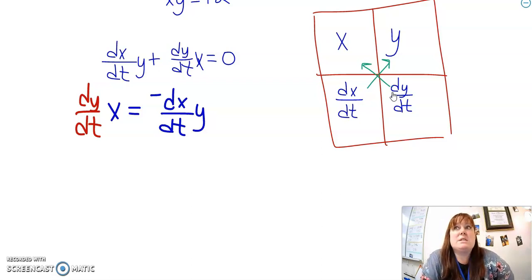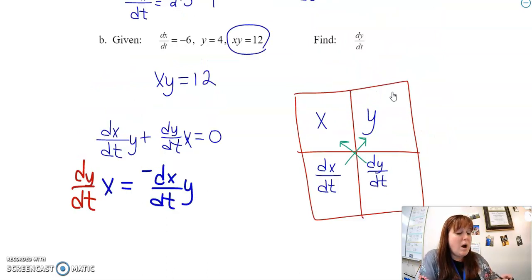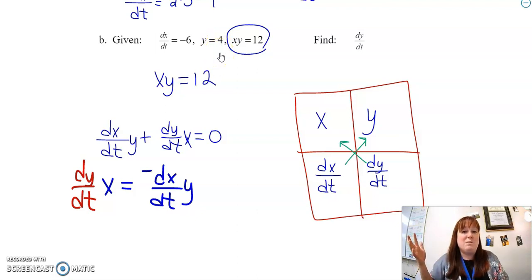So don't stress about getting dy/dt all by itself. We can start plugging in numbers right now. Okay, so what do we know? We're looking for the rate of change of y, and since y was changing, we had to leave it out. We couldn't put this 4 in here at the beginning because 4 is only what y equals at a certain instant. Y is changing over time, so we have to leave it as a variable until we're all the way down here and we can finally plug it in because it's no longer changing, because we're looking at the rate of change at that instant.